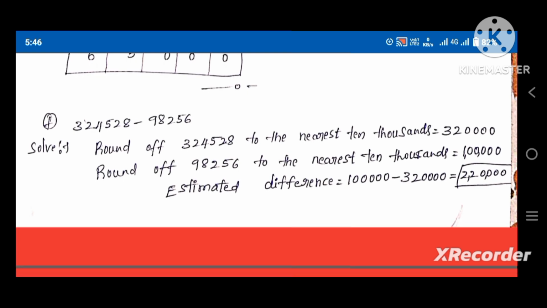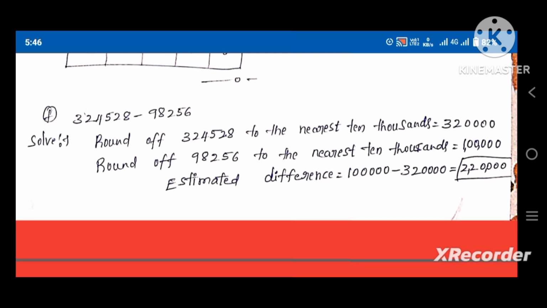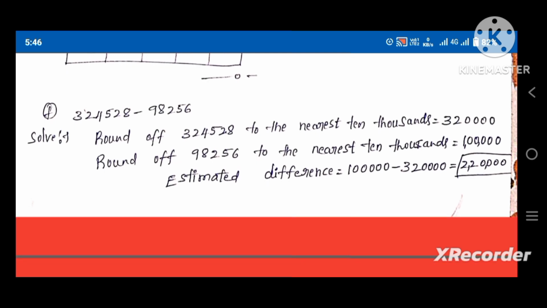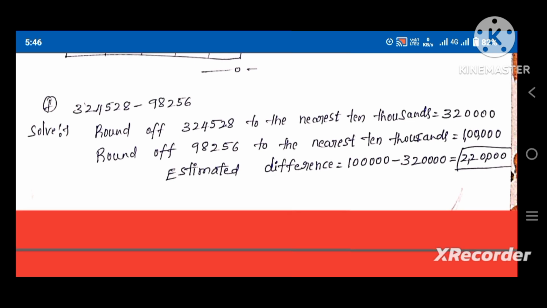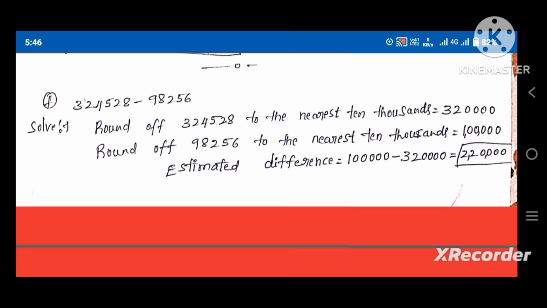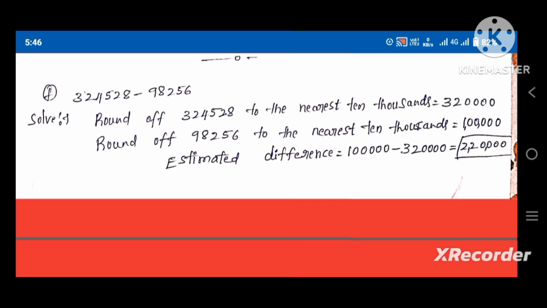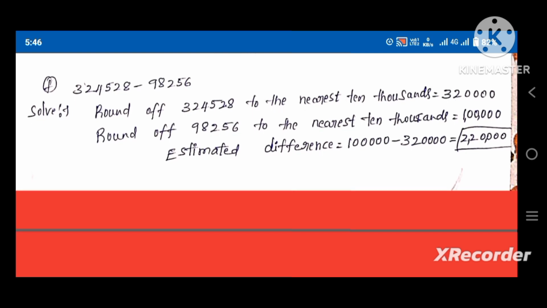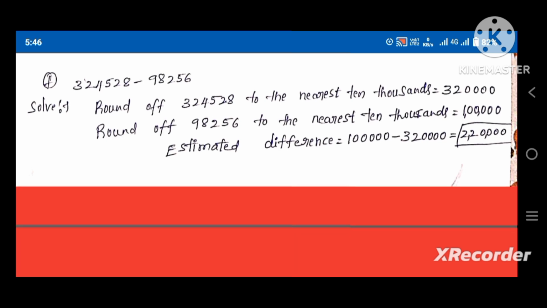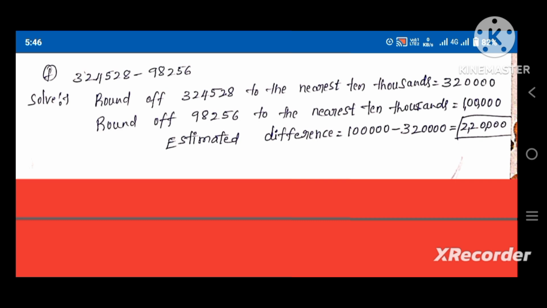Question number F, 3,24,528 minus 98,256. Solve. Round off 3,24,528 to the nearest 10 thousands is equal to 3,20,000. Round off 98,256 to the nearest 10 thousands is equal to 1 lakh.